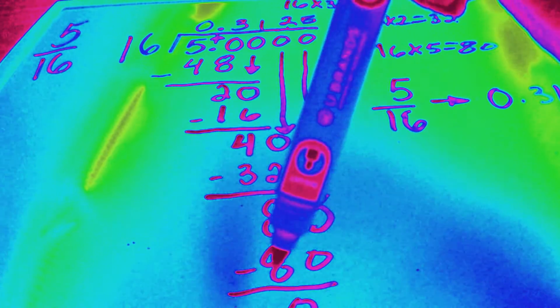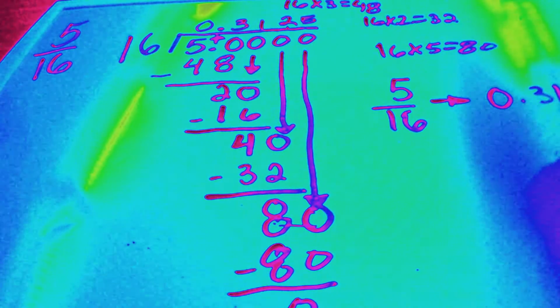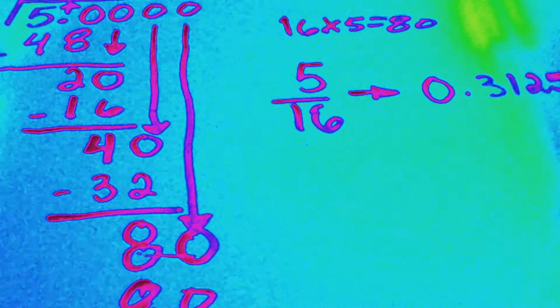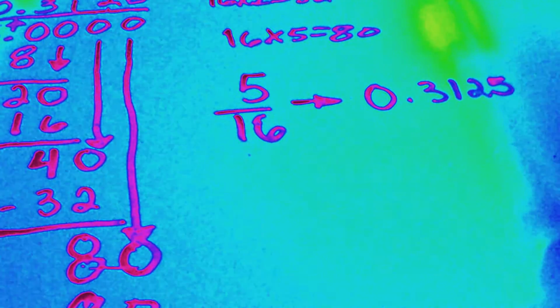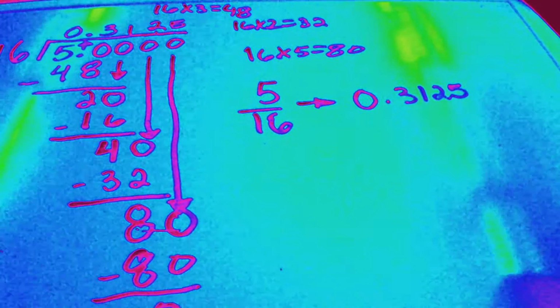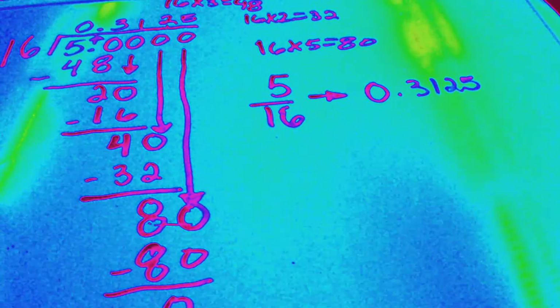So put our 80 down here. 80 minus 80 is, of course, 0. And so we're done. And so we have our answer right here. All right. That's it.